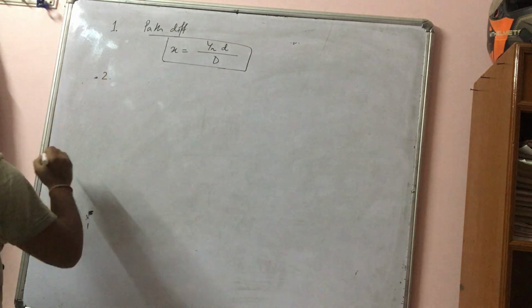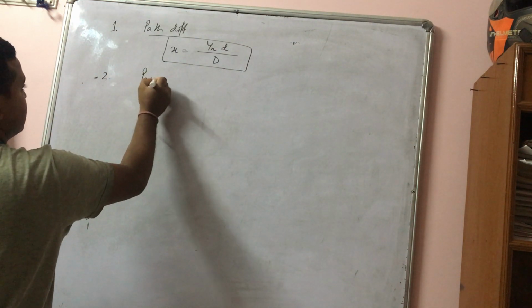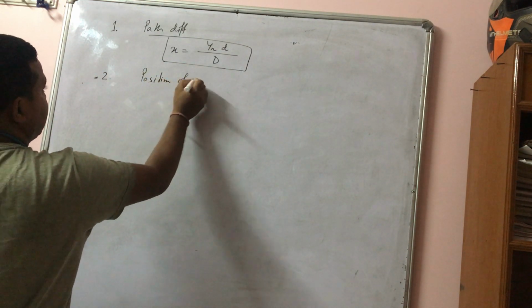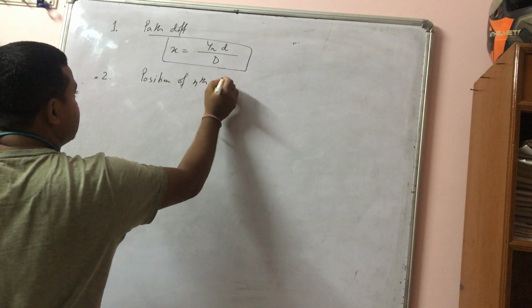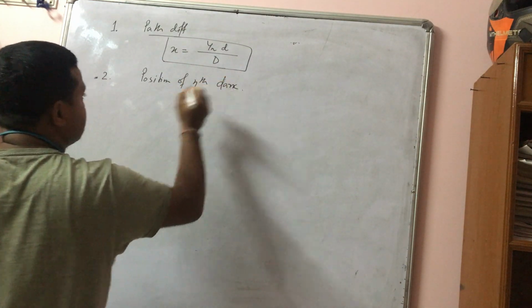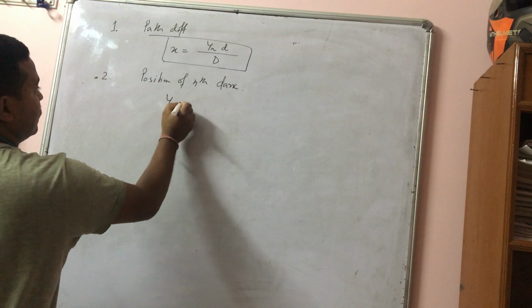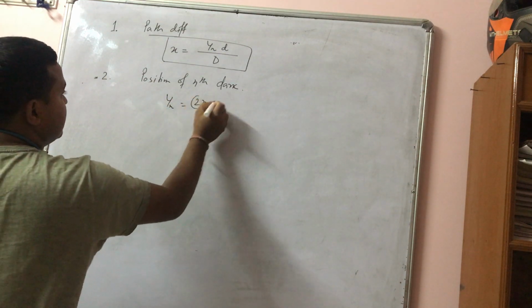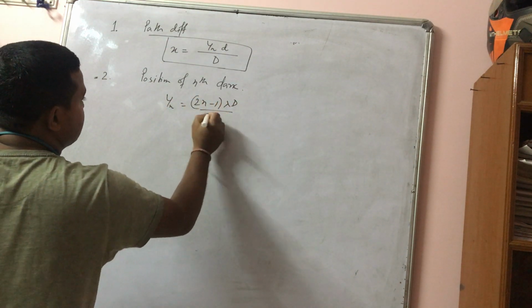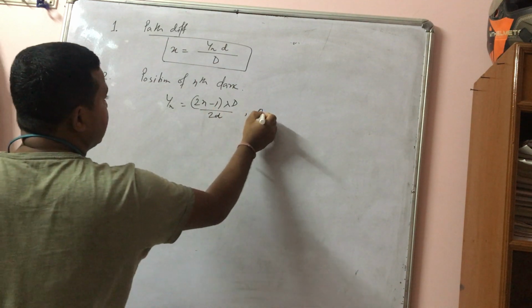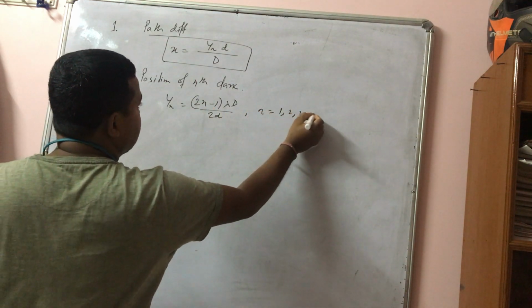Secondly, I derived the position of the nth dark fringe: y n equals (2n minus 1) lambda D by 2d. Here n is equal to 1, 2, 3 and so on.